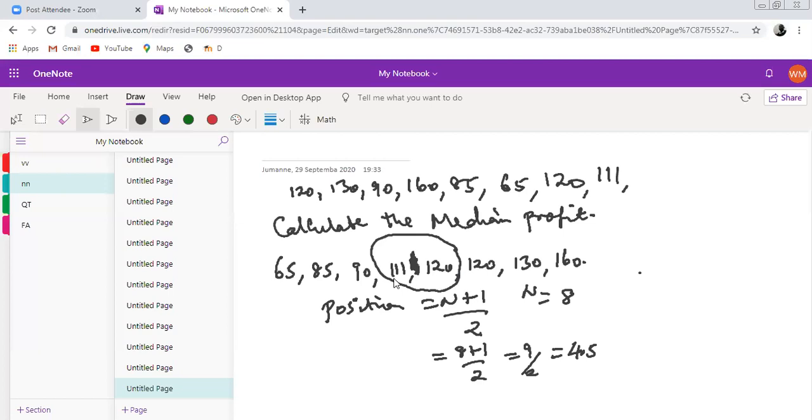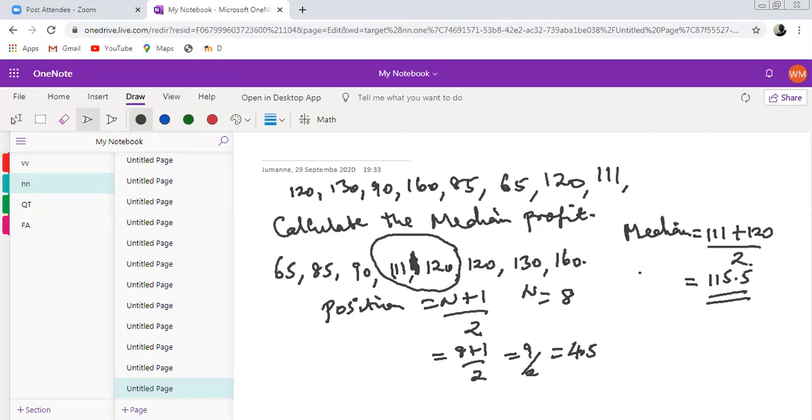Because it lies in between 111 and 120, the median would be equal to the average of those two numbers, which is 111 plus 120, then we divide by 2. If you get the average, 115.5, that is going to be the median. That is the median from ungrouped data.